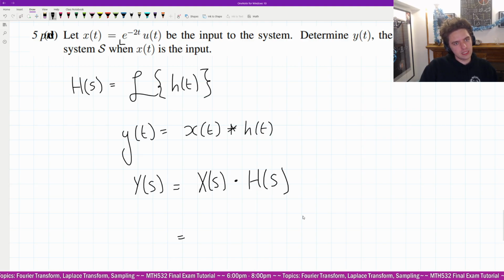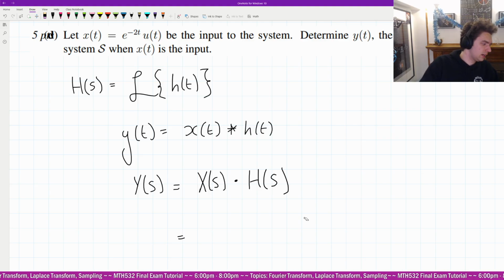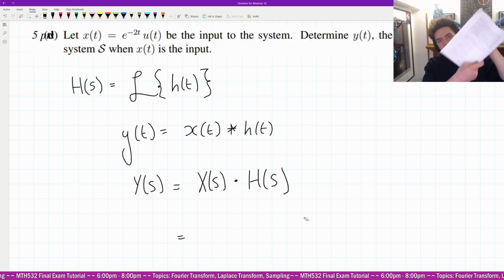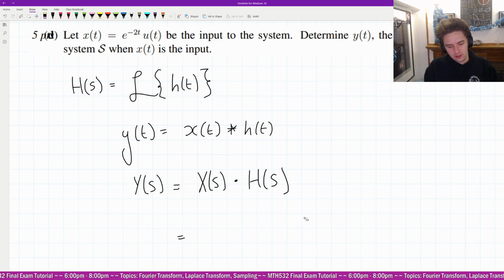So, the Laplace transform of e to the negative 2t u of t. Let's open up our table. Look at table 4.1. We have e to the lambda t u of t is 1 over s minus lambda. So that means this is going to be 1 over s plus 2, times H of s.